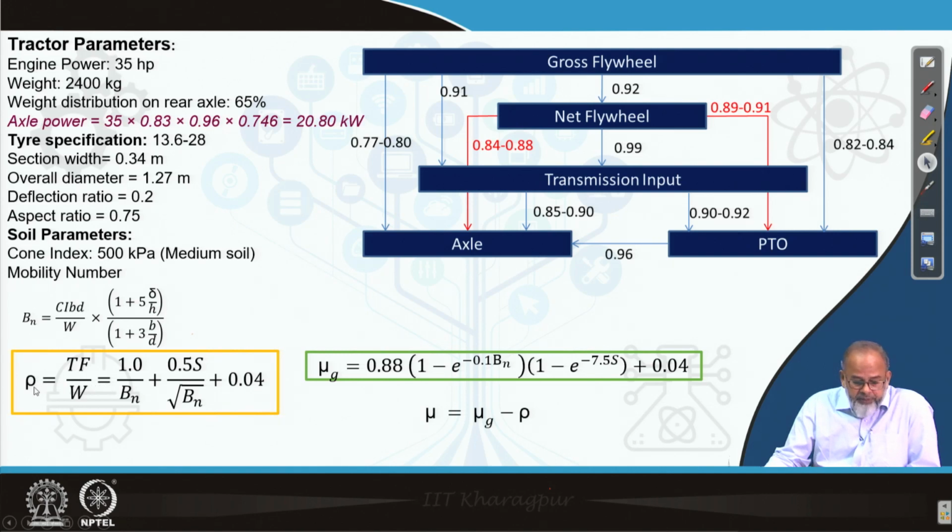Rho is the motion resistance ratio, and mu g is the gross traction ratio or the coefficient of gross traction, and the difference of gross coefficient of traction and motion resistance ratio is nothing but your coefficient of traction, COT, which is denoted as mu.